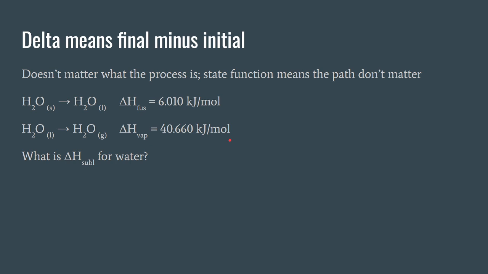So it's just the exact same amount, but you flip the sign. So if you have to put in 40.660 kilojoules of energy to boil 1 mole of water, then when you condense 1 mole of steam, you're going to get 40.660 kilojoules of energy back out. So exact same thing, but with a negative sign.